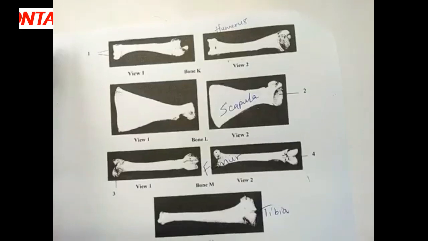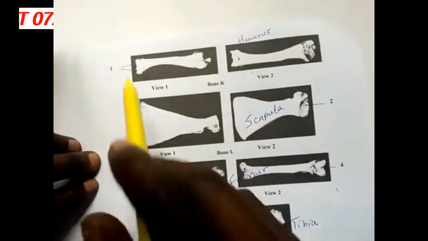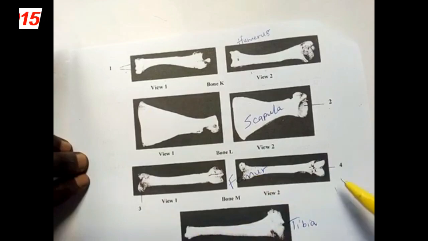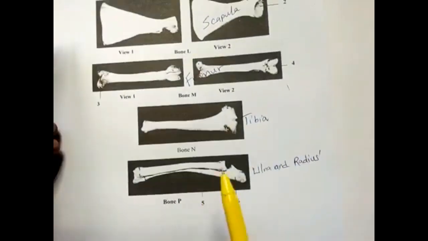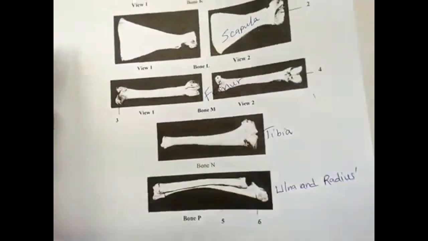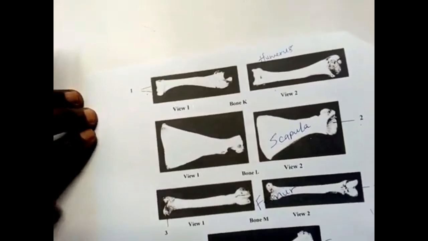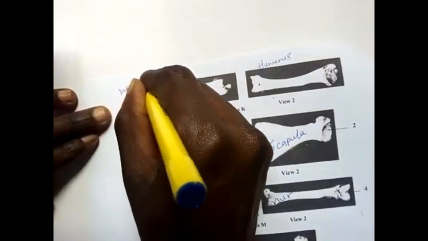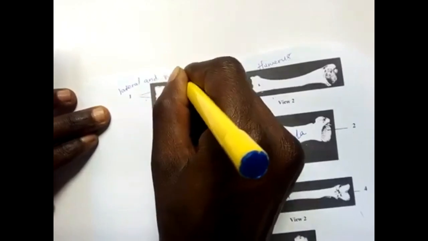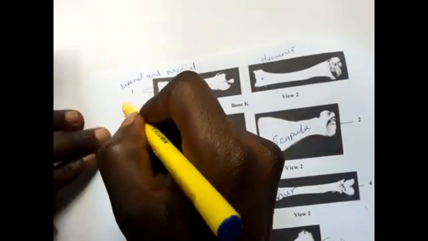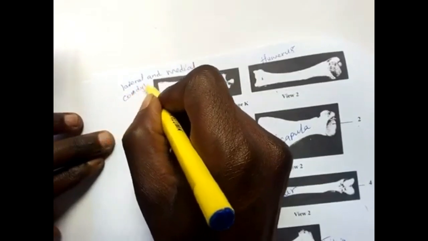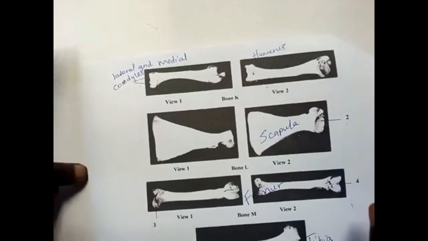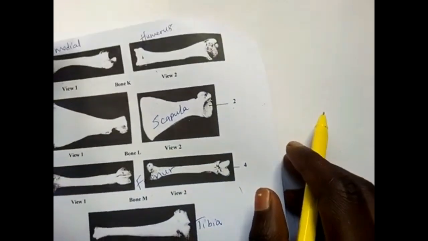Let's see those parts. Now, as you can see, this is the number 1, number 2, number 3, number 4, and number 5. Now the first one is found in the humerus. They are the lateral and medial condyles, or you can simply call them condyles. And then number 2 is found in the scapula.